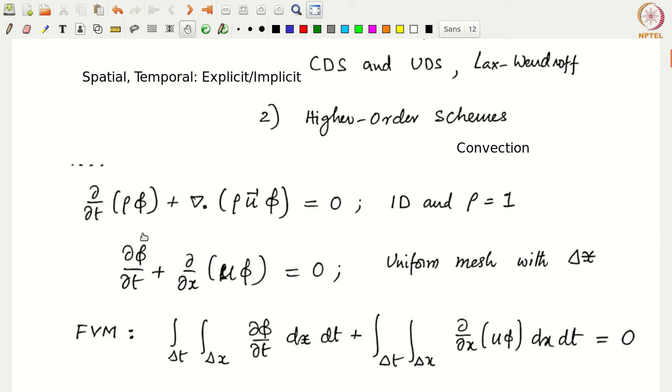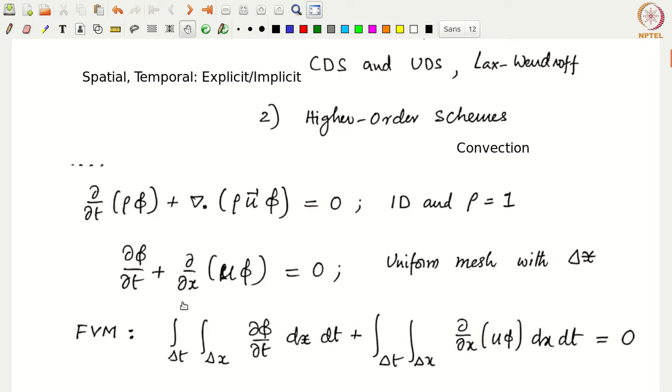With rho equal to 1, this term will become partial phi partial t plus we have nabla dot rho u phi, and with rho equal to 1 and this being 1D, we will only retain one derivative, that is partial x of u phi, okay, which is only the x component of the velocity vector, equal to 0. To make things further simple, we are going to also assume that the mesh is uniform with a cell width of delta x.